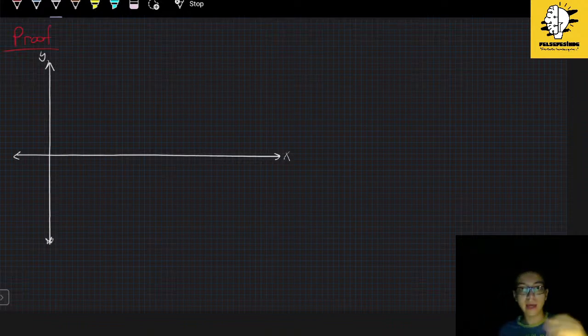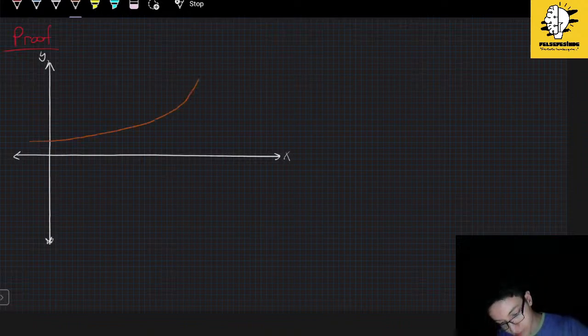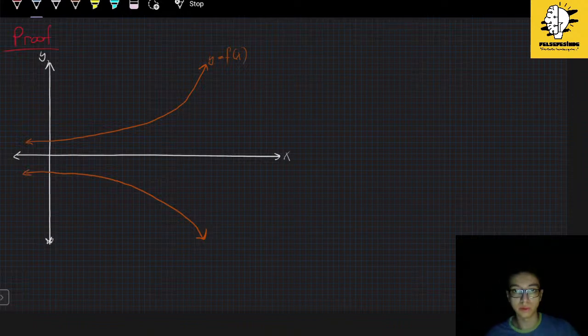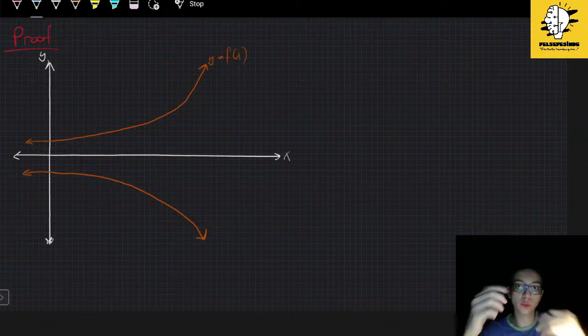Now let's say that we have a curve, y is equal to f(x), going also in this direction, and its symmetry over the x-axis, the same one. But now let's say that I want to find the area of solid revolution.